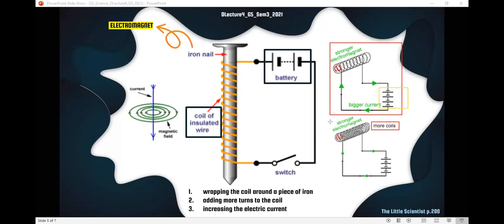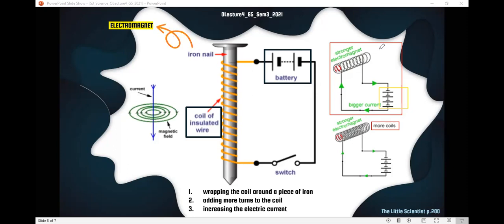Now, how do we make these 2 electromagnets even stronger? What can we do? We can add a battery, okay, but what is the third way to increase the power? We can add more coils.